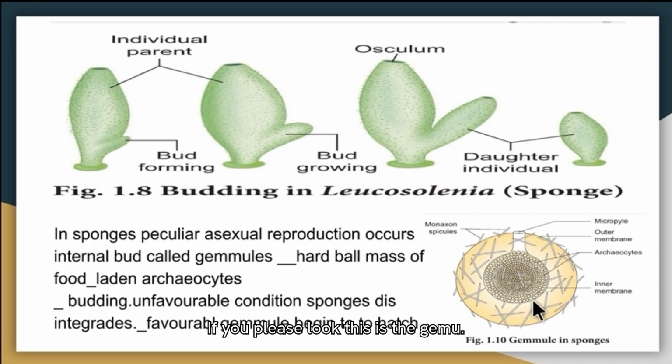Please look, this is the gemmule. Here, peculiar asexual reproduction occurs internally, by internal buds called gemmules. This is the sponge. Suppose we cut in these regions, the structure is like that.